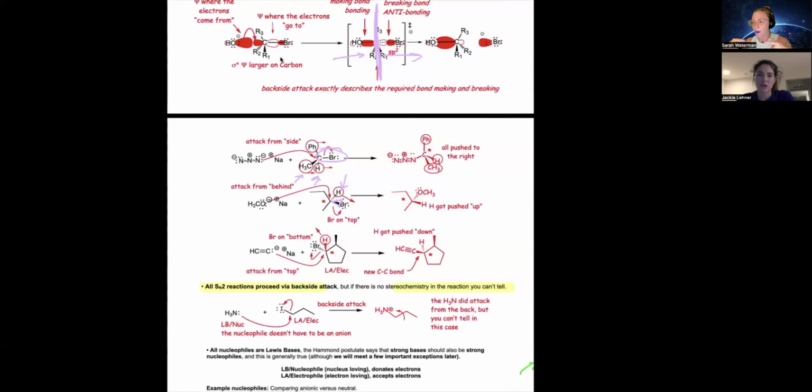But the stuff in plane and out of plane remains in plane and out of plane.